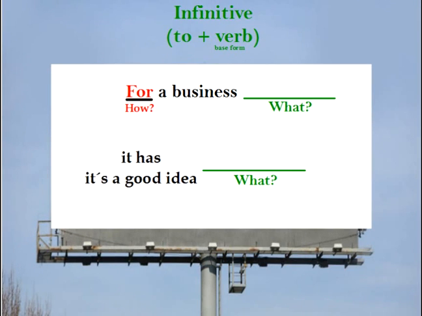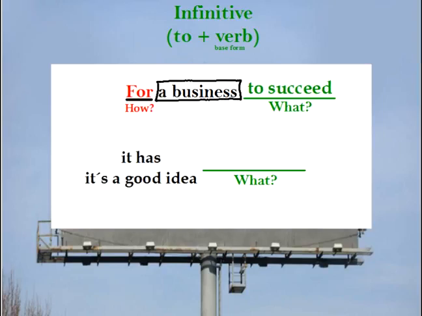Now, let's look at another example for how. When I used the infinitive to describe how, I can also use the word for to describe how. But for is a little bit special because I need to talk about specifically what. For example, for a business. For a business, what? And then I'm going to use the infinitive to describe what.